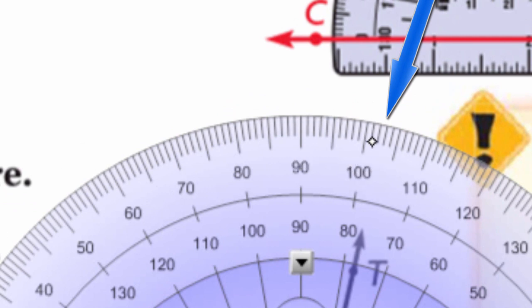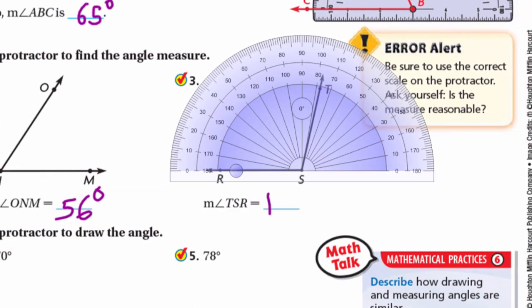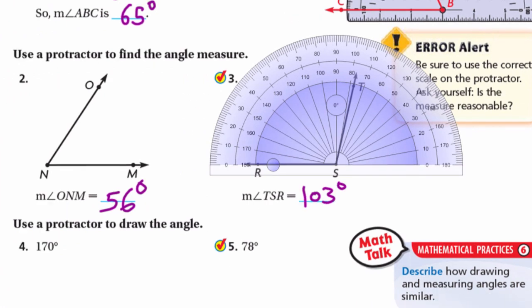I think it's 102, 103. 103 degrees. It mustn't be this accurate. If you wrote, for example, around 55 for number 2, it's okay. And for number 3, if you wrote around 100, for example, 101, 104, 105, it's okay.